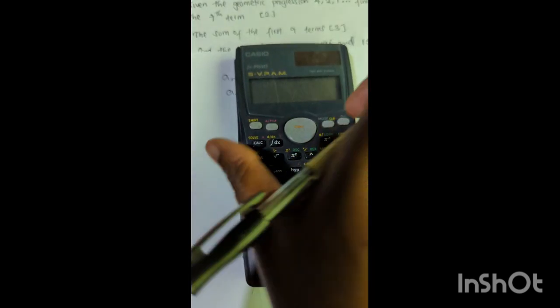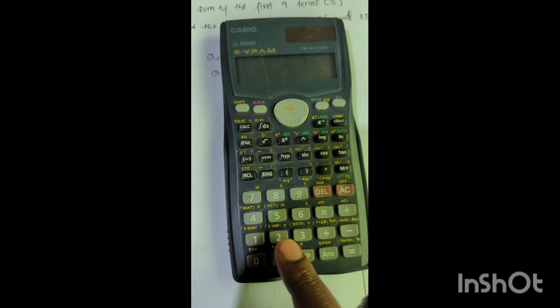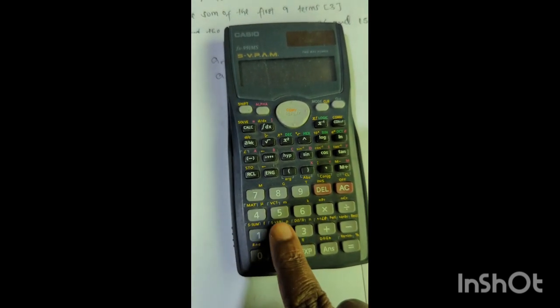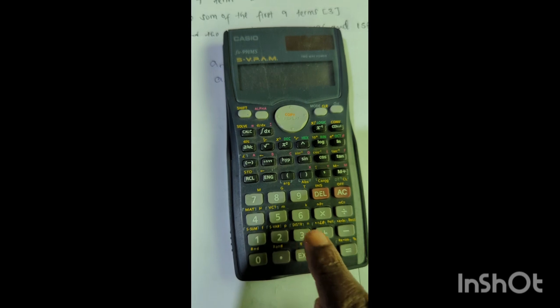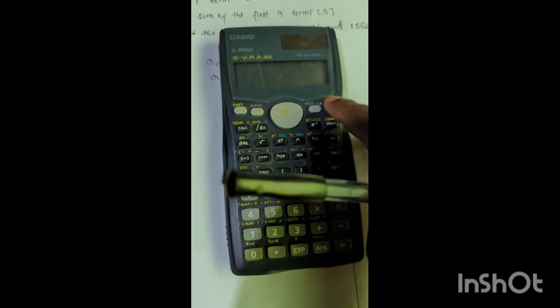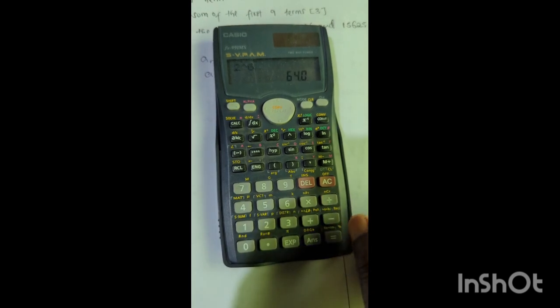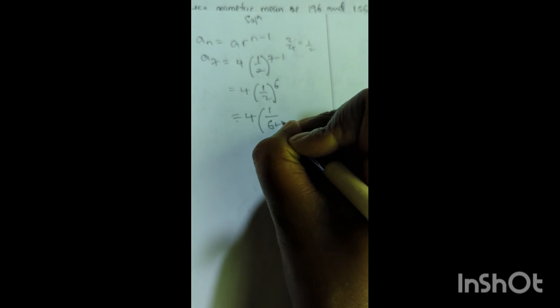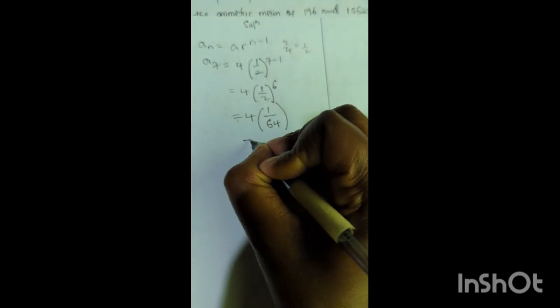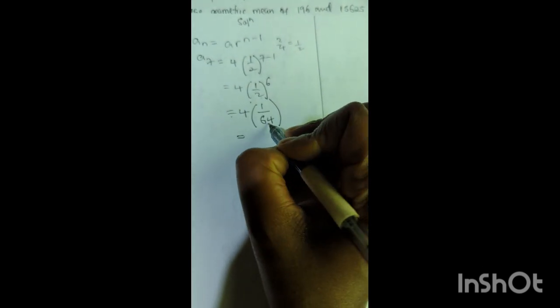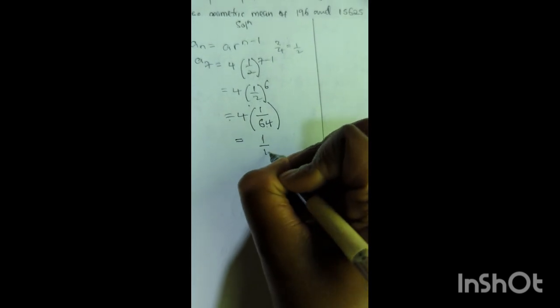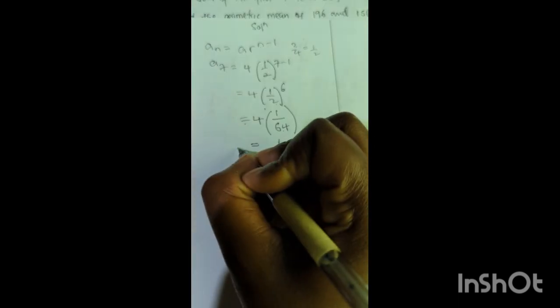So 4 into 64 is 16. So the seventh term is 1 over 16. We are done.